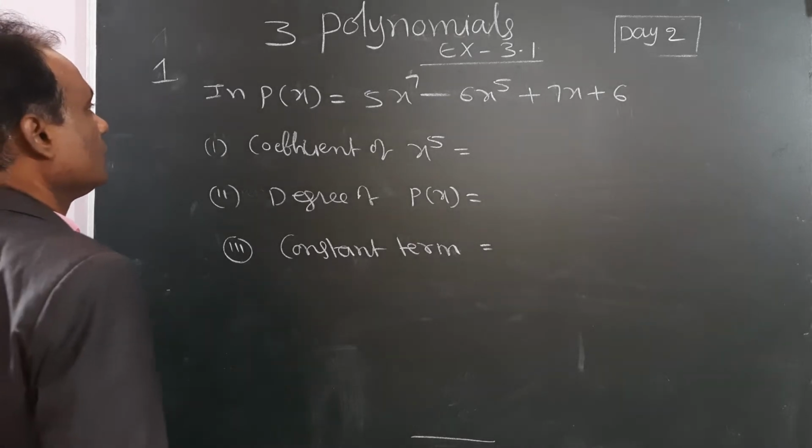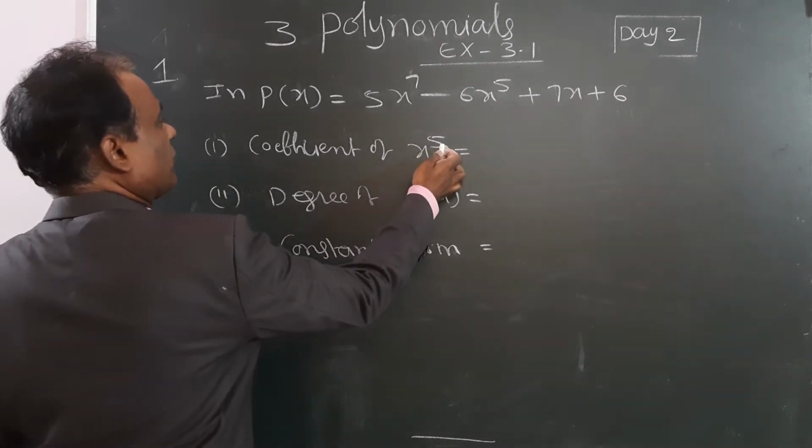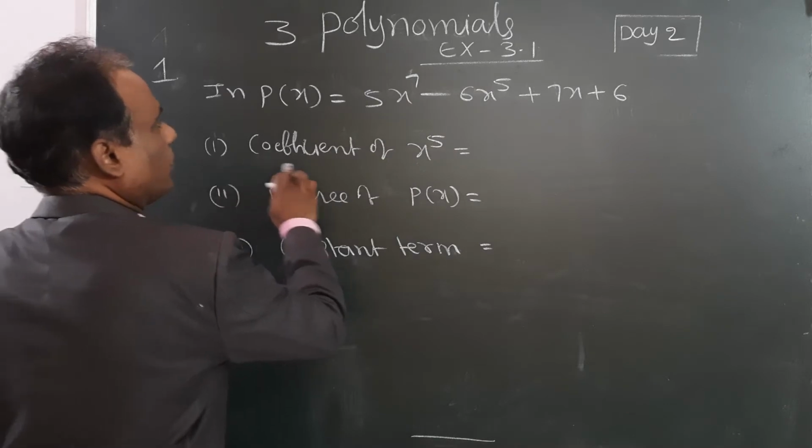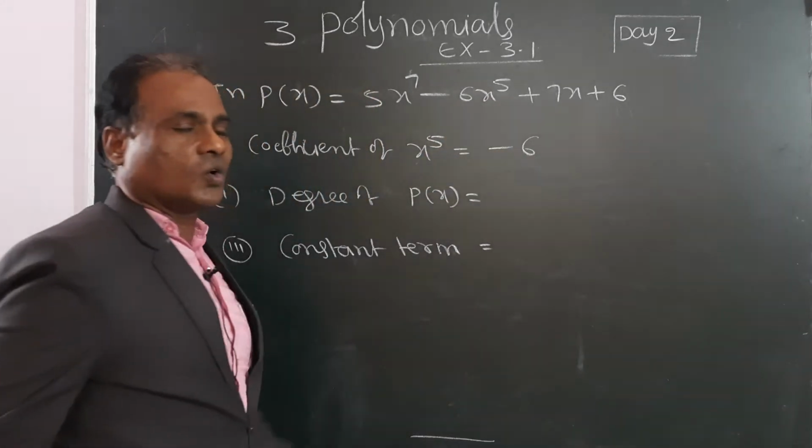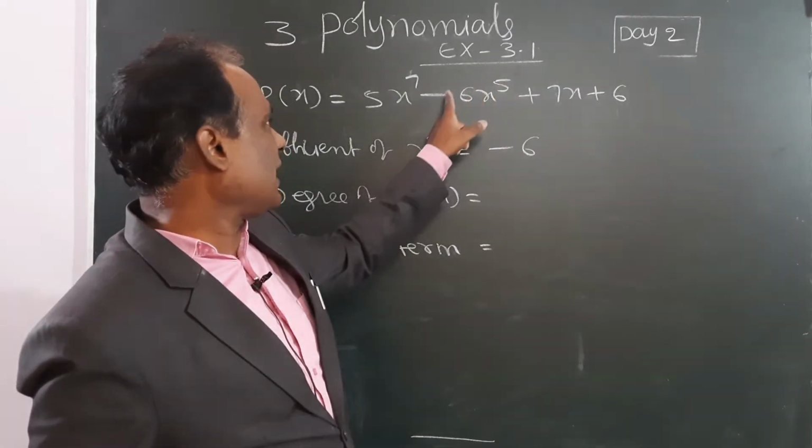See here. What is the coefficient of x power 5? x power 5 is here. The coefficient is minus 6.